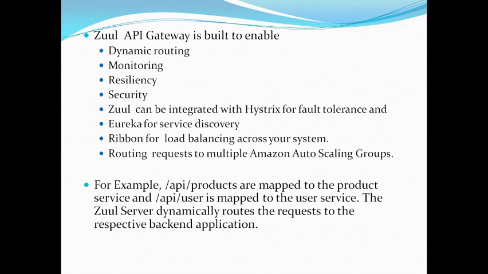So instead of providing two different endpoints for your backend microservices, a user service and a product service, for your consumer application, let us configure both the endpoints in your Zuul API gateway, and we will give the instance of the Zuul API gateway to the consumer, so that now it is easy for the consumer to route to a number of microservices in the backend, and as well we can provide security, pre-authentication, monitoring and many other features.